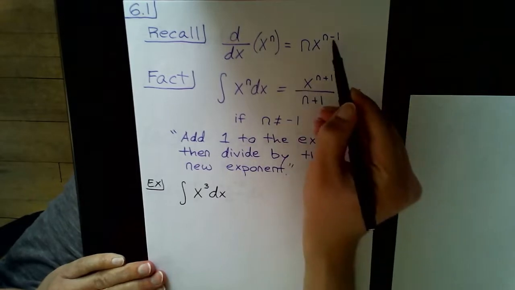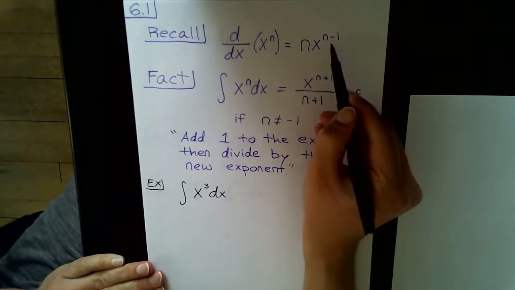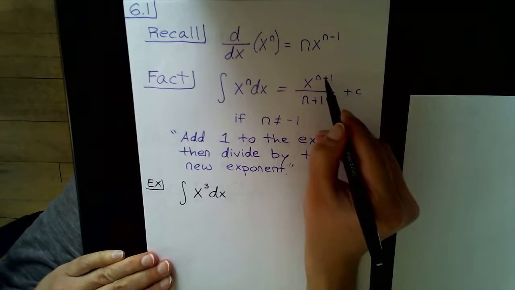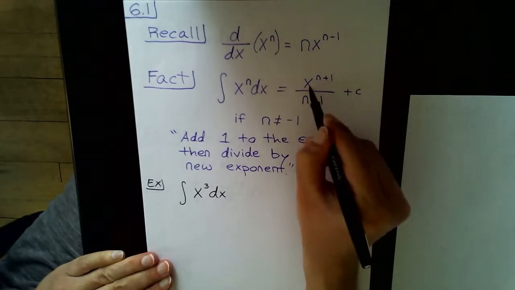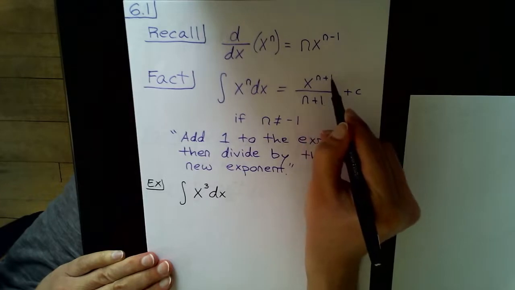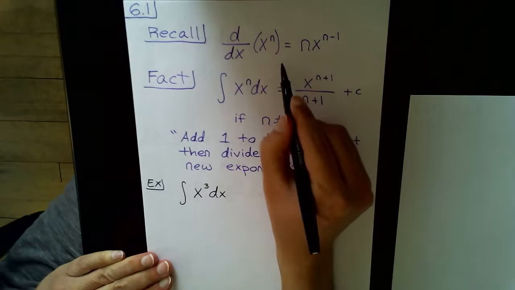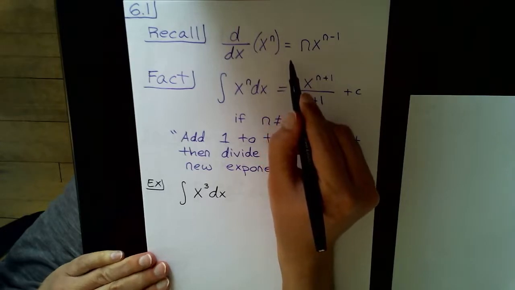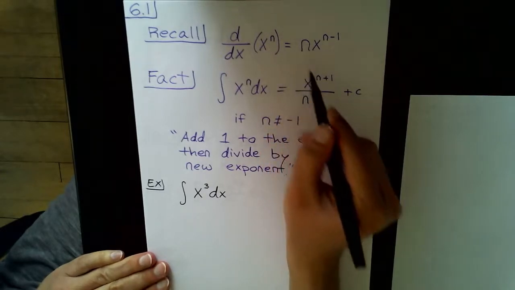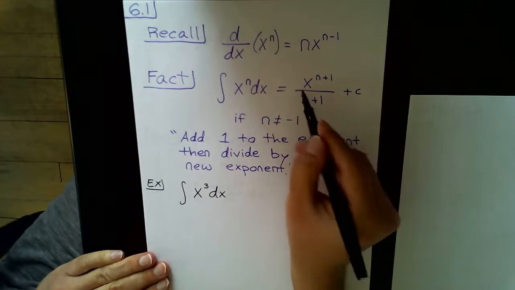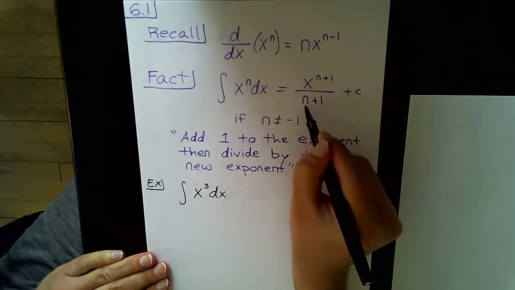So, because we subtracted 1 from the exponent, the first thing that we have to do is add 1 to the exponent. So x to the n plus 1. And then because we multiplied the exponent out front as our first step, as our last step to reverse that, we have to divide by the new exponent.